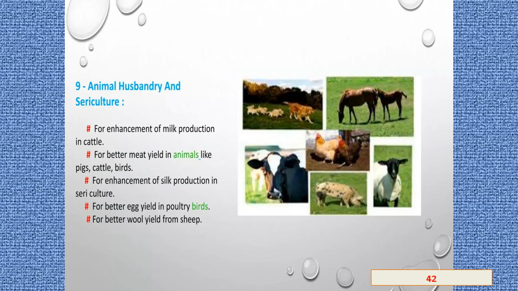In animal husbandry and sericulture, it is used for the enhancement of milk production. Animals are produced in such a way that they produce very high quality milk. And in the case of birds also, the egg quality and meat production quality in the respective animals.